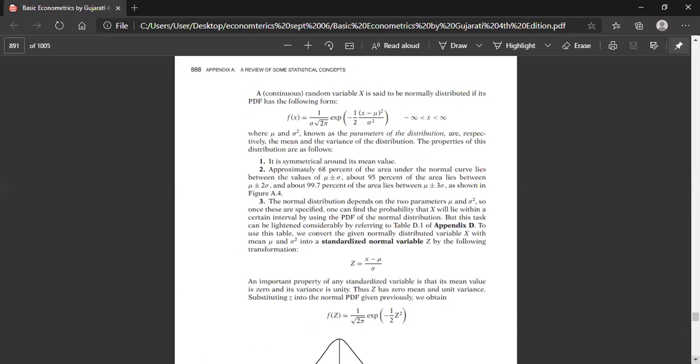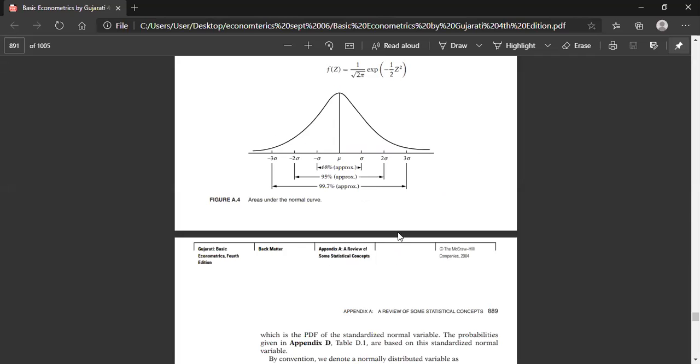If you can draw the graph from that density function, that is nothing but the area under those two values of x. Ask any question about these fundamental ideas. No question? Okay. In that case, we move on.